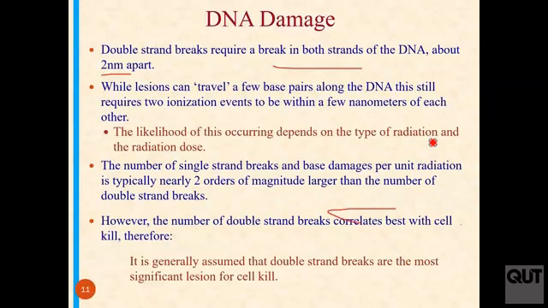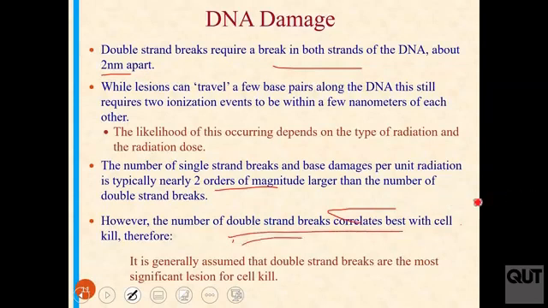The number of single strand breaks and base damages per unit radiation is about 2 orders of magnitude larger than the number of double strand breaks. However, the number of double strand breaks correlates best with the cell kill. So it's the number of double strand breaks which is the most important.